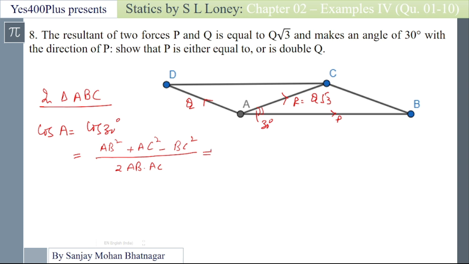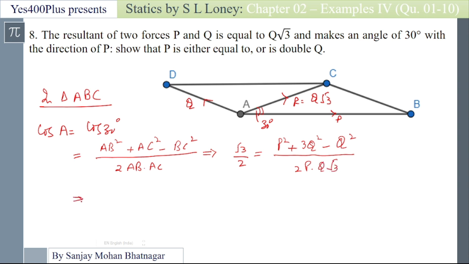Okay, means cos 30 degree is root 3 by 2 equal to AB square is P square, AC square is Q root 3 whole square means 3Q square, minus BC square, now BC is Q, so Q square, upon 2AB, so 2P AC, so AC is Q root 3.